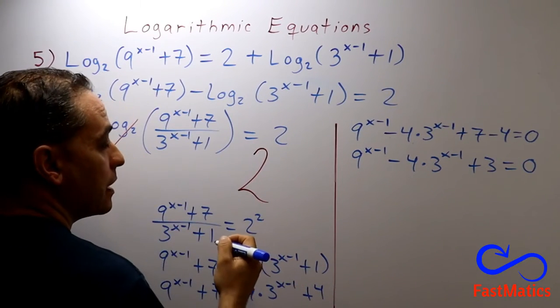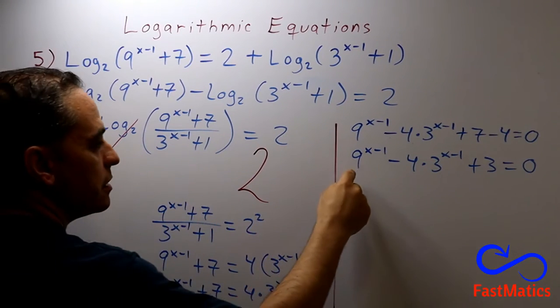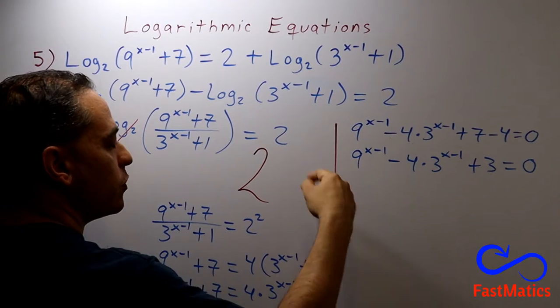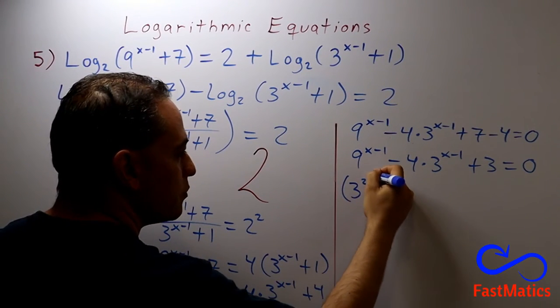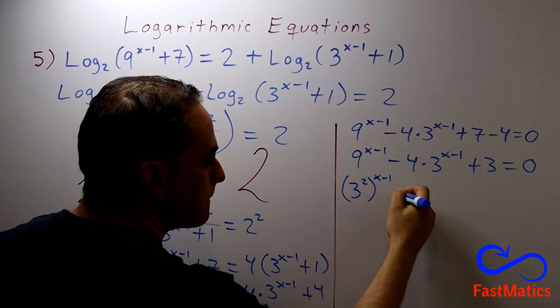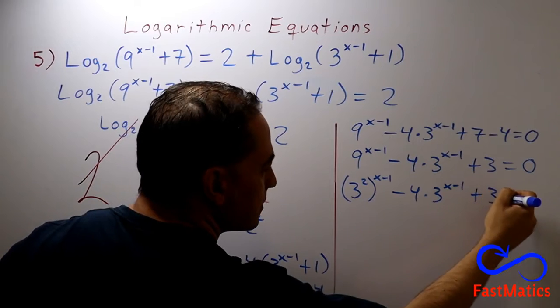And here I can see that we have a quadratic form for this equation, because 9 is 3 squared. So I can write 3 squared to the power of x minus 1 minus 4 times 3 to the power of x minus 1 plus 3 is equal to 0.